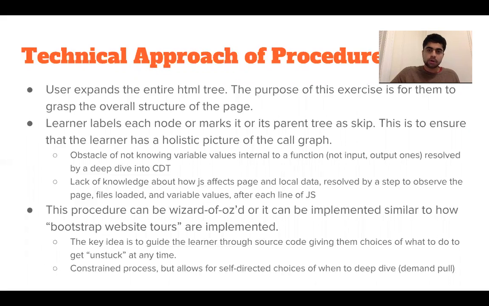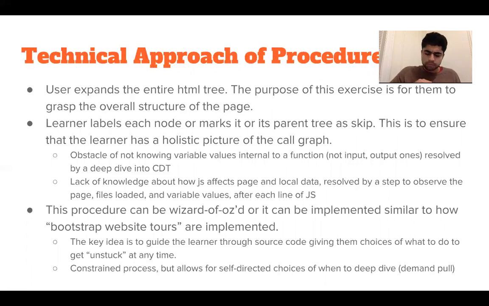The technical approach of this procedure is that the user gets a holistic picture of the web page by looking over the entire HTML tree. They label nodes and mark them either individually or at the tree level. They can mark them as understood, but they can also mark skip at an individual node level or tree level.